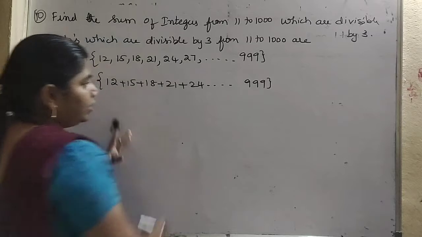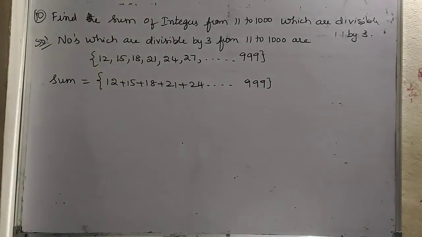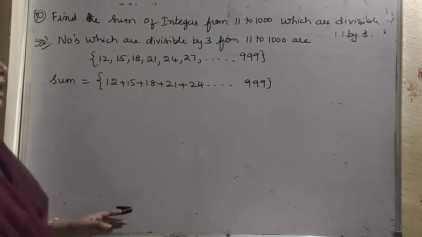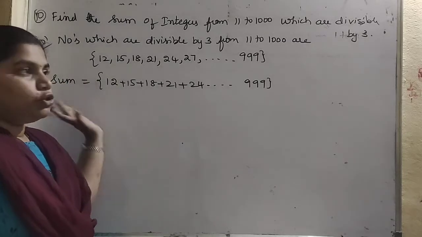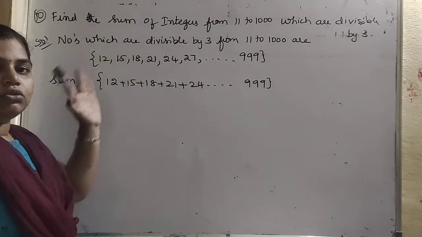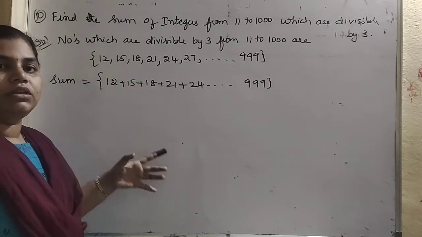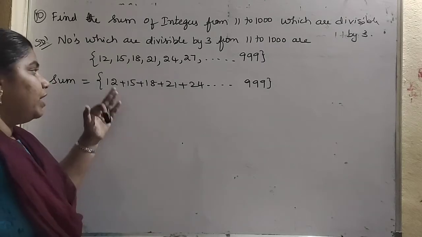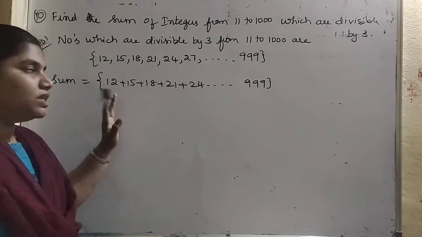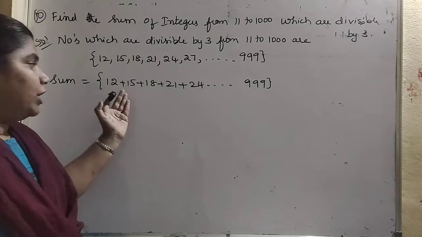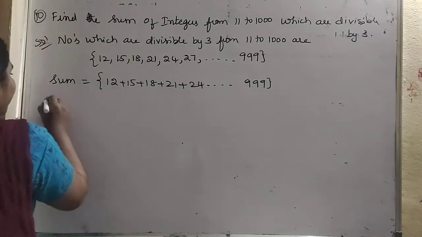To get this set, I am taking the numbers which are divisible by 3 from 1 to 1000, and from that set I will subtract the extra ones. If I subtract, the remaining numbers will again give this set. So how am I writing that?